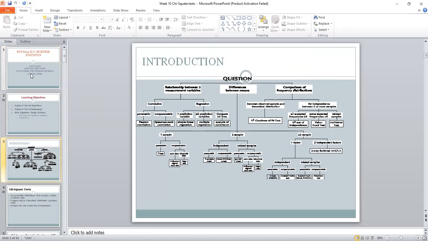We have done correlation, regression. In the middle, differences between means. These are the possible tests. Independent, dependent, which are called related.